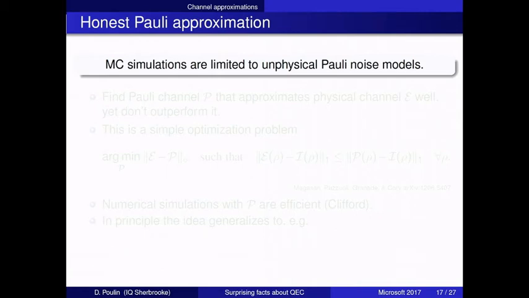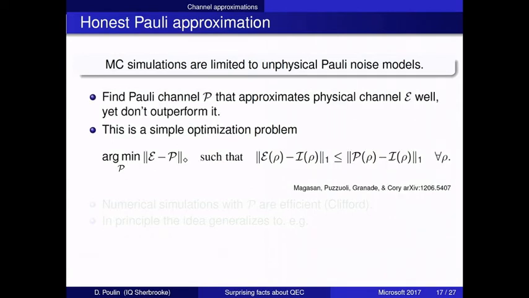Another Pauli approximation that has been introduced is called the honest Pauli approximation. So let me show you what the idea is. This is your real noise model. You try to find a Pauli channel that is as close as possible, subject to the constraint that it's further away from the identity.